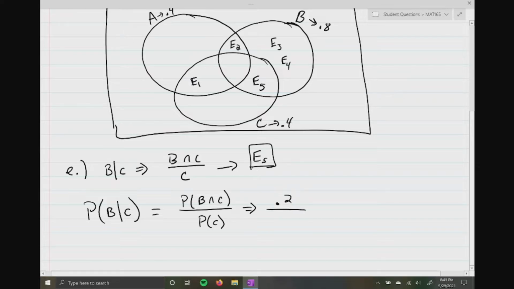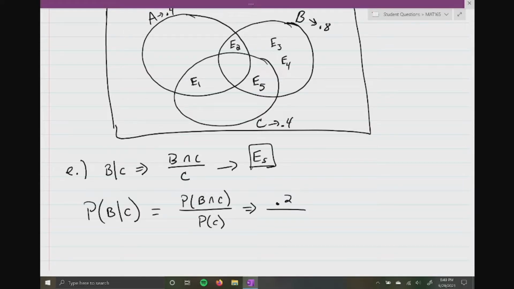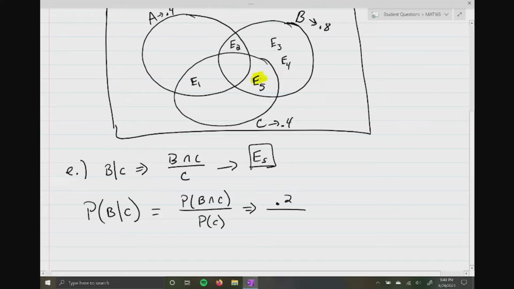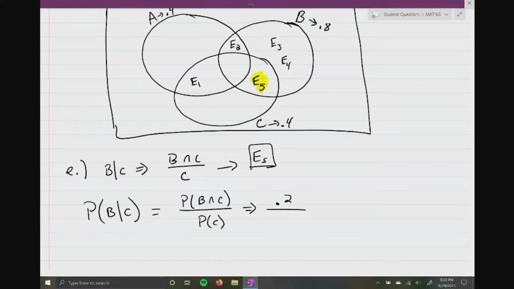Okay, now, if you're asking yourself, where did that 0.2 come from? Notice that in the intersection of B and C, there's only one element, or one event, and that is E5. So that is a 1 in 5 chance, because you have 5 total events, but you're only selecting one of them. So it's going to be 0.2, okay?